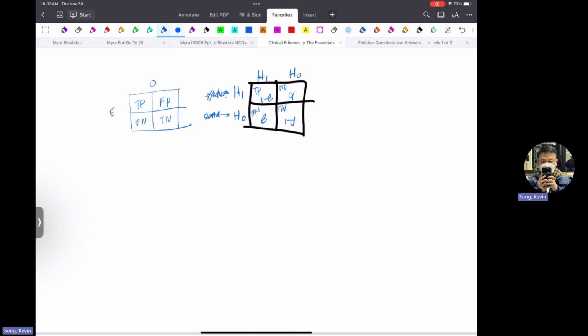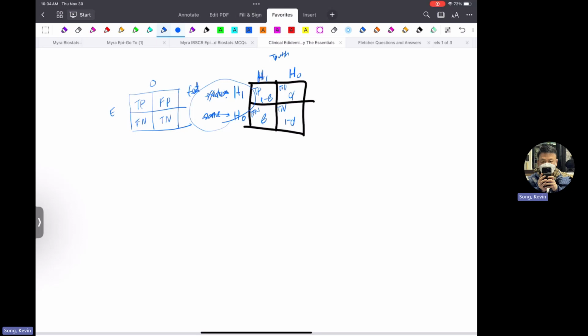So that's the test result. The test says the new drug is effective, more effective than the old drug, and H0 means the test says that the new drug and old drug are basically the same. And then this is the truth: does the new drug really have an effect, or are they just the same thing?